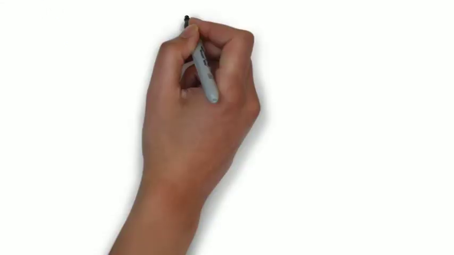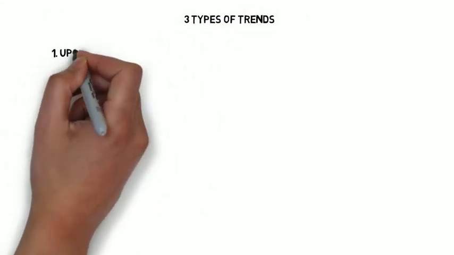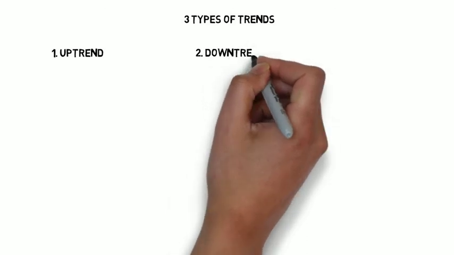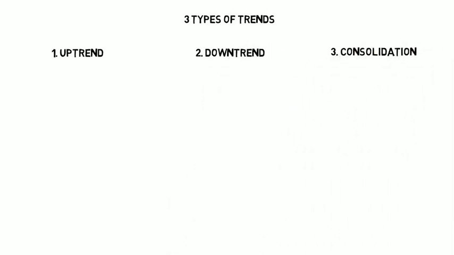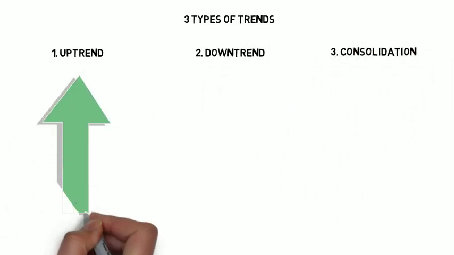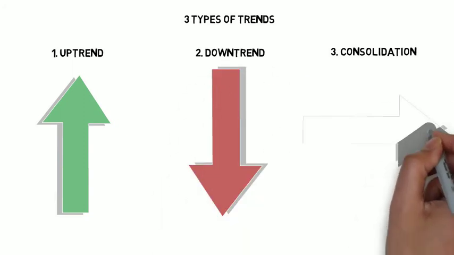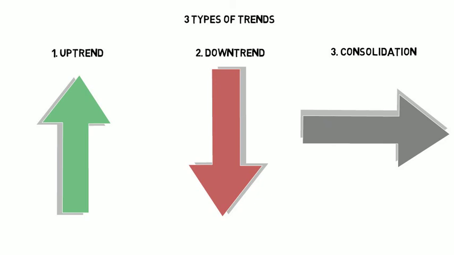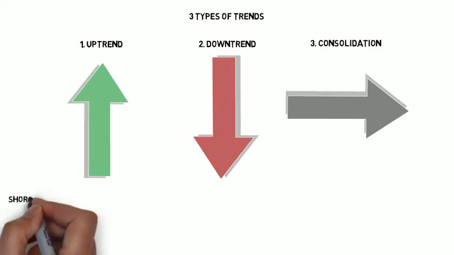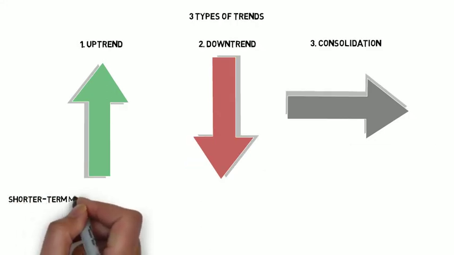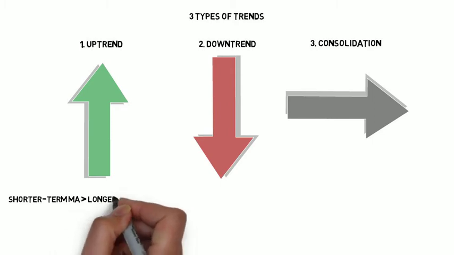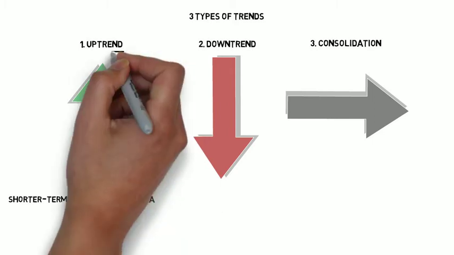The market has three trends: uptrend, downtrend, and consolidation. Uptrend is when prices rise, downtrend is when prices fall, consolidation is when prices move sideways. We can determine the trend using moving averages. Generally, when a shorter term moving average is above a longer term moving average, prices are in an uptrend.